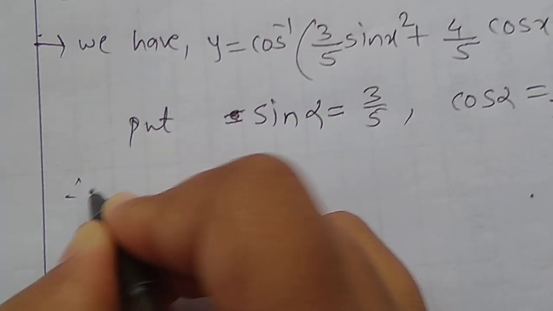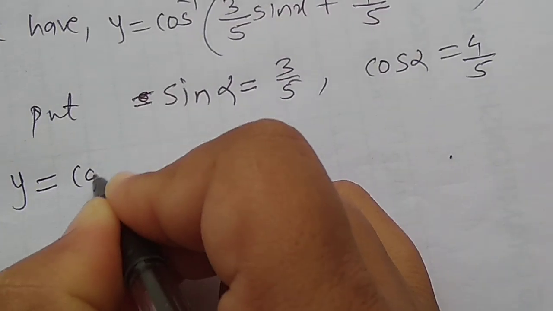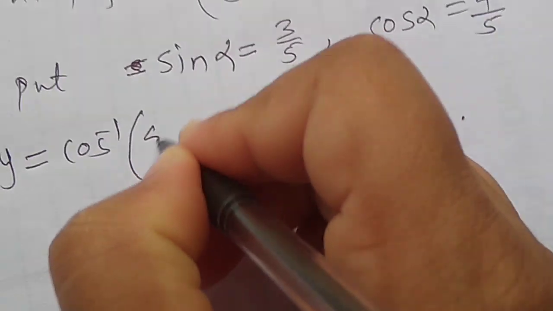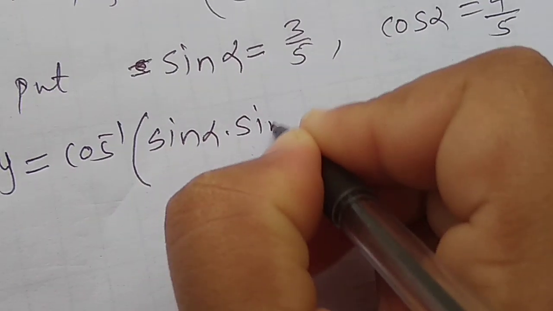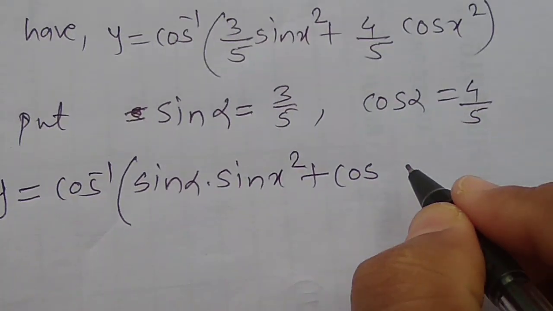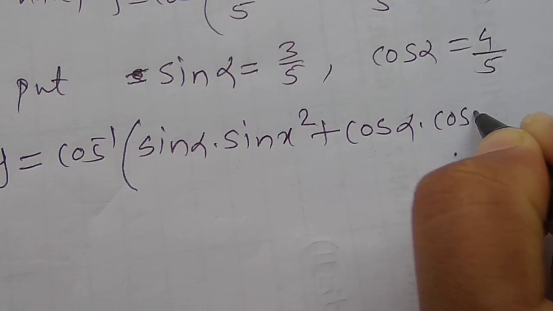Therefore we get y is equal to cos inverse of 3 upon 5 means sin alpha into sin x square plus cos alpha into cos x square.